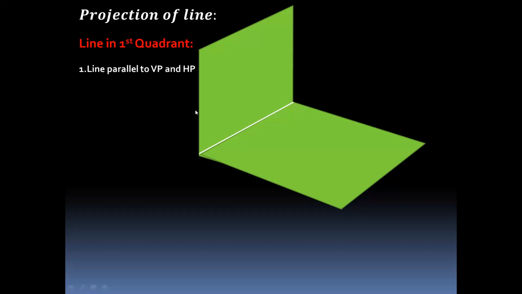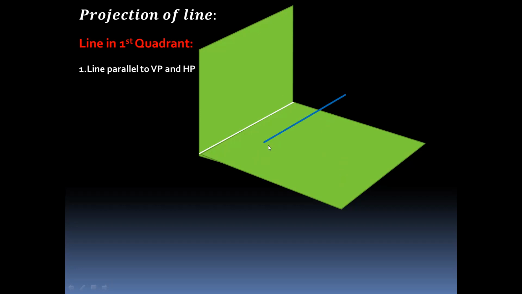This is the simplest condition where the line is parallel to HP as well as parallel to the vertical plane. So this is the given line. You can take this line as AB. This line AB is parallel to HP and parallel to VP.